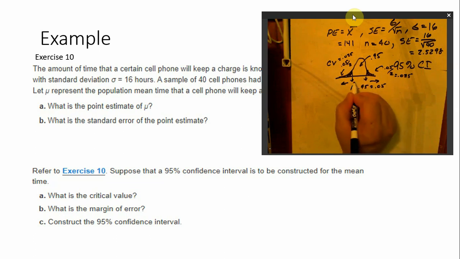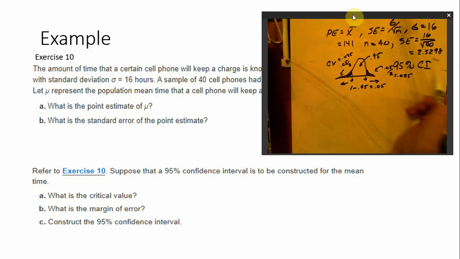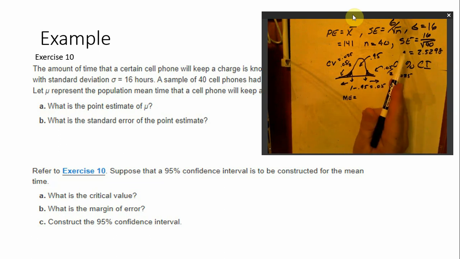So now I need these critical values. I have to go and do my margin of error because that's going to tell me whether I need to go to the t, is that a t alpha over 2 or z alpha over 2. The margin of error for confidence intervals with sigma known is z alpha over 2 times sigma over the square root of n, and this was just the standard error that we previously calculated.